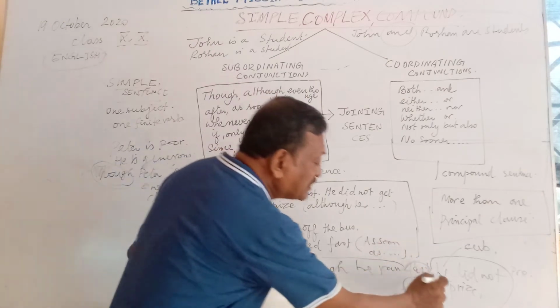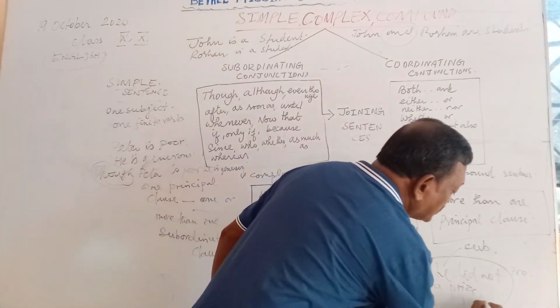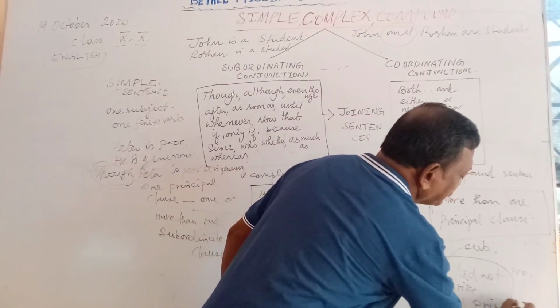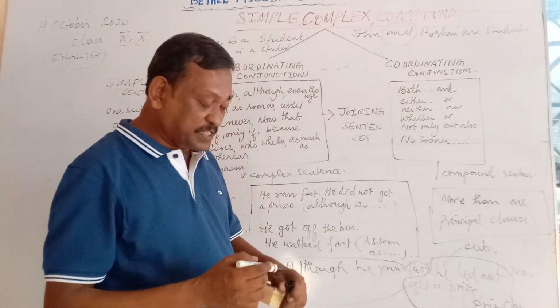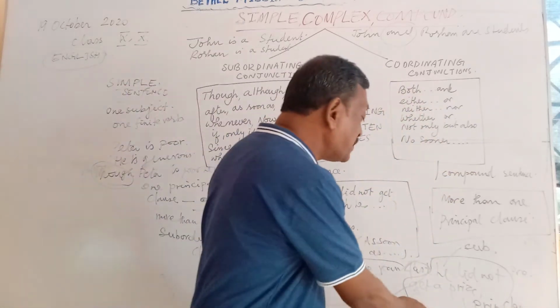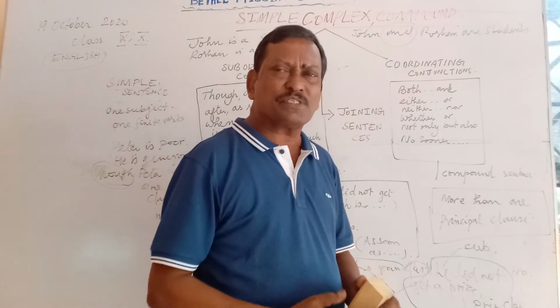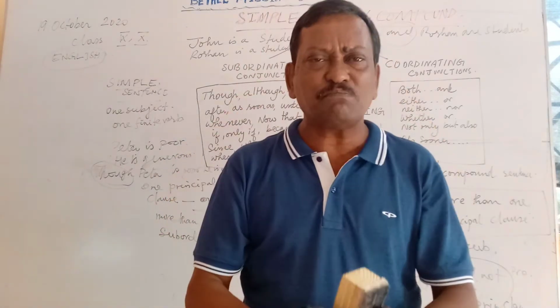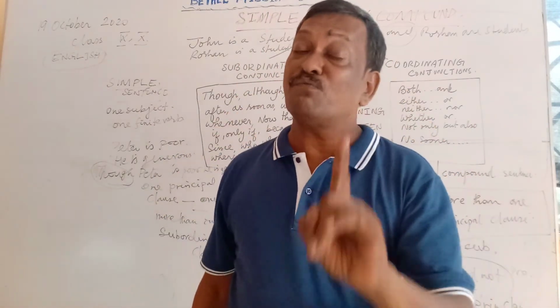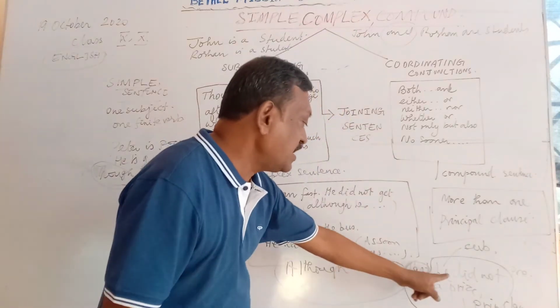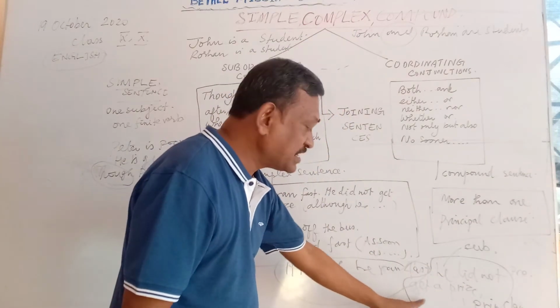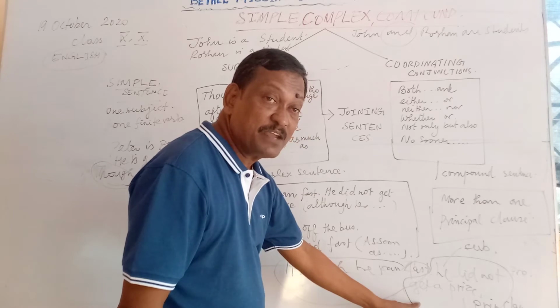So, I call this one the principal clause. This is the point that you need to keep in mind. What is a principal clause? It is a sentence which has a subject and it makes a complete sense. One verb will be there. He did not get a prize. You see, get is a verb. It's a finite verb.